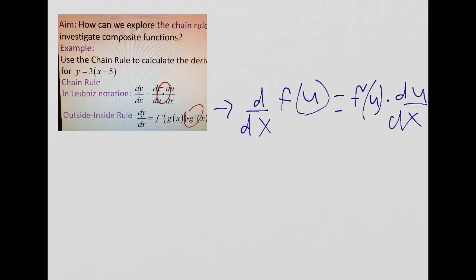But essentially, you have to also establish that you do have a quantity inside of a function, like we do in our example, as easy as it looks. We have a quantity of x minus 5 into what may be a variable multiplied with 3.